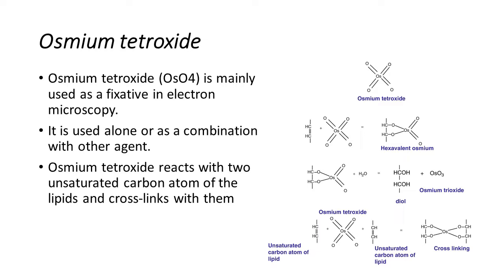Osmium tetroxide. Osmium tetroxide is mainly used as a fixative in electron microscopy. It is used alone or in combination with other agents. Osmium tetroxide reacts with two unsaturated carbon atoms of the lipid and cross-links them.